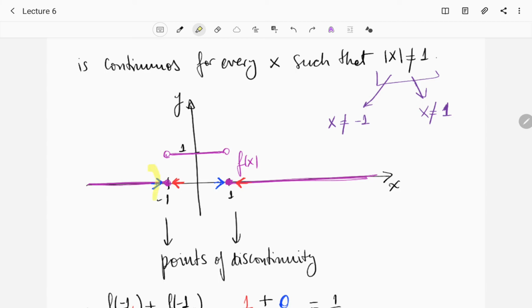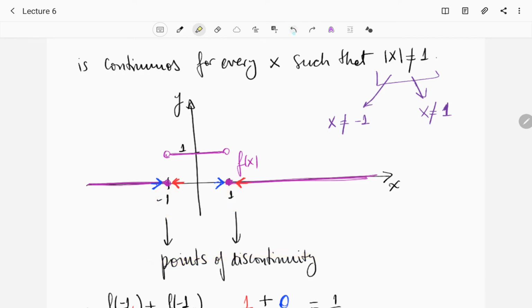So for this open interval here, and this open interval here, and this open interval here, the function is continuous, so we will have that this Fourier integral representation coincides with f of x, and these two guys, minus 1 and 1, are the points of discontinuity of f.